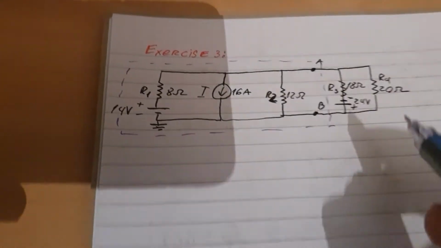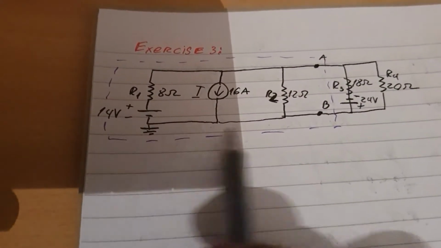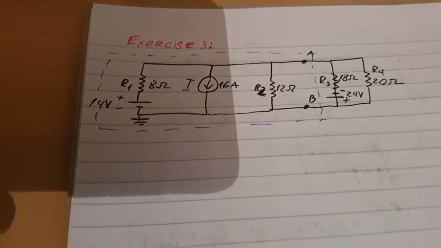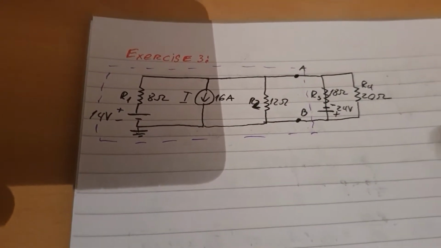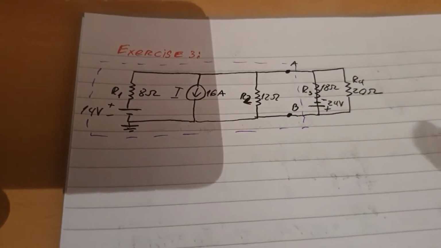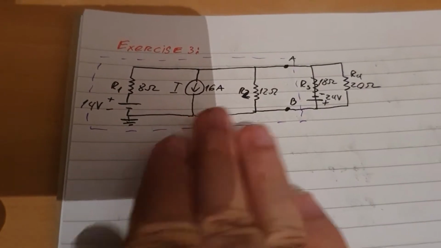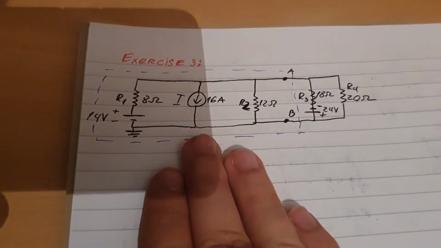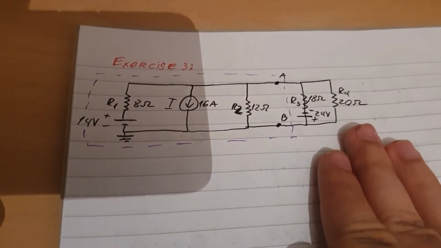Hopefully you can see it in the video. I'm going to calculate only what's inside this rectangle, only this side of the circuit. And this is such an important thing to know, and I find it very useful, to be honest. I can pick any point I want inside the circuit and separate it, choosing a specific section to calculate and leaving the rest out.